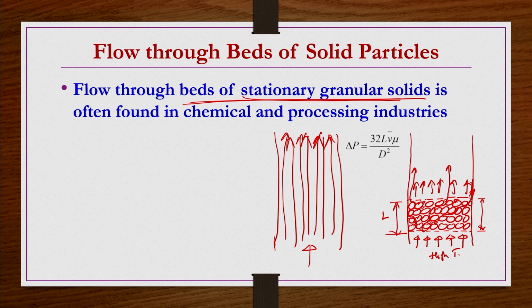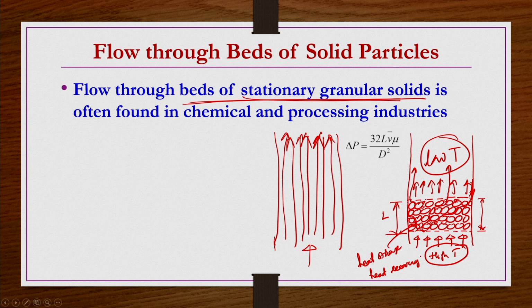Whatever heat that fluid is carrying will be absorbed by this packing material, and then the fluid will go out as a low temperature or ambient temperature fluid after passing through this bed. Whatever heat is there is stored, and this heat storage, when required, can be recovered for some other applications.